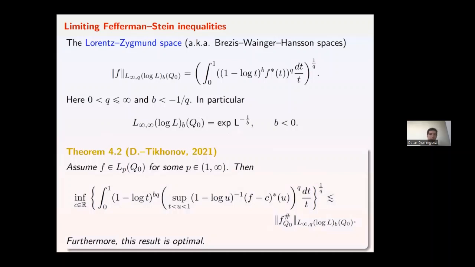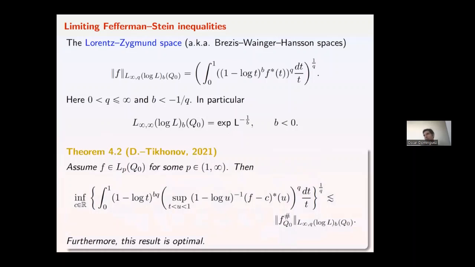So applying the logarithmic variant of the Bennett-Sharpley inequality that we have obtained, we can obtain Fefferman-Stein type inequalities for these spaces. So if your sharp maximal function belongs to this space, then the function f belongs to this rearrangement invariant space.